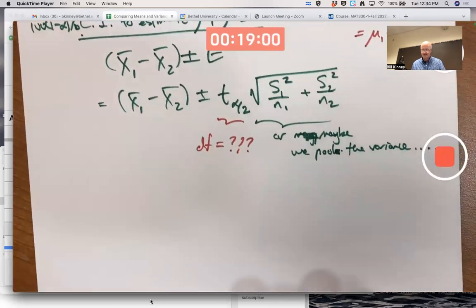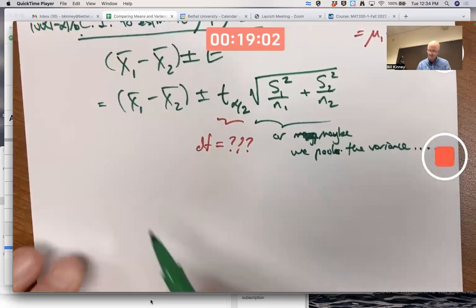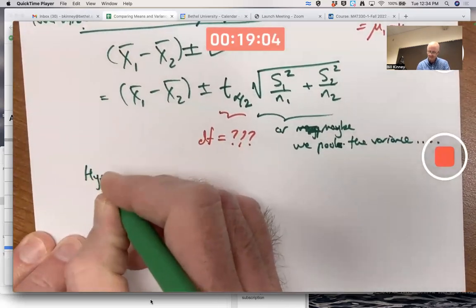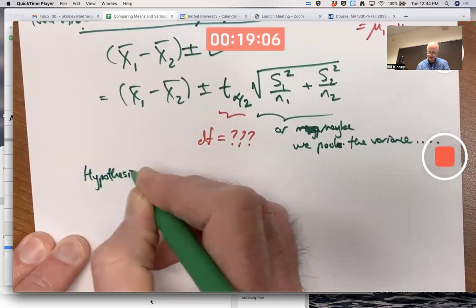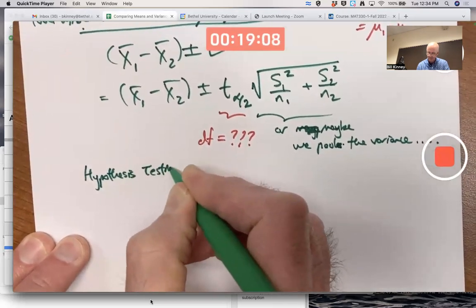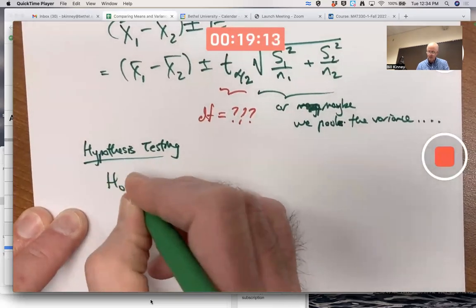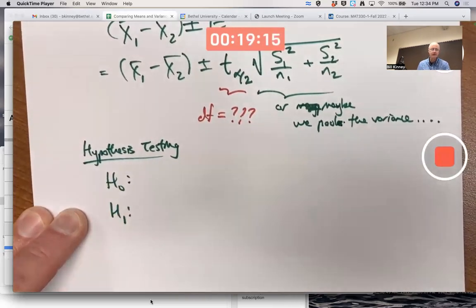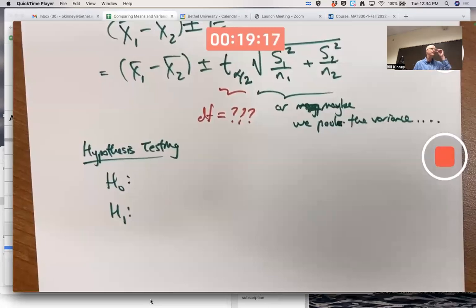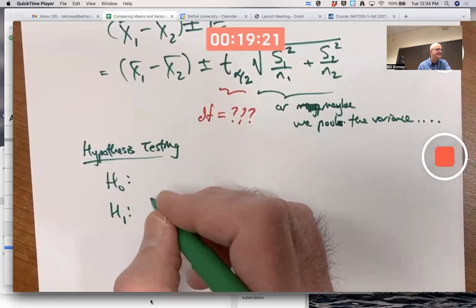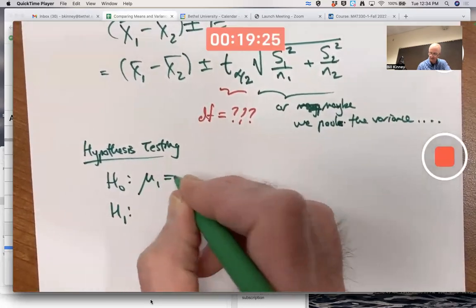What about hypothesis testing? Just like with proportions, when we're comparing means, the null hypothesis most typically is that they're equal. Mu1 equals mu2.